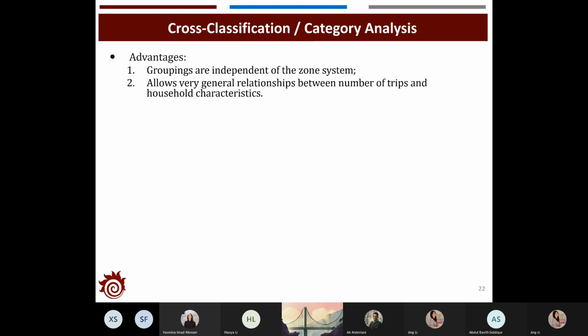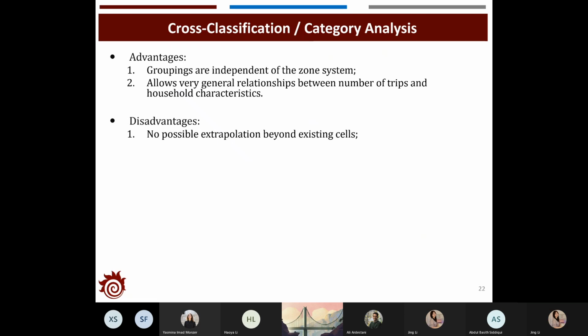But there are a lot of disadvantages. First of all, it's impossible to further expand the model to cells that have not been defined.